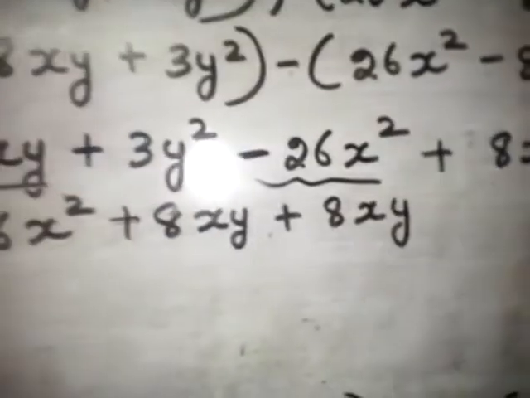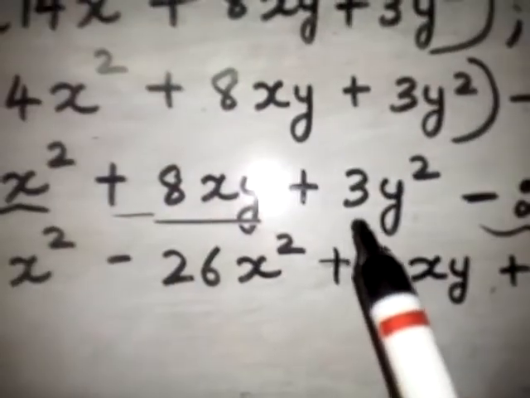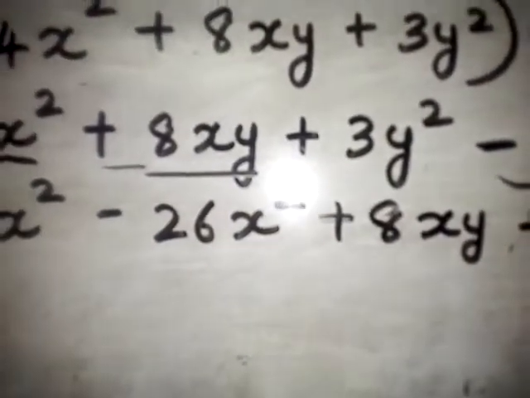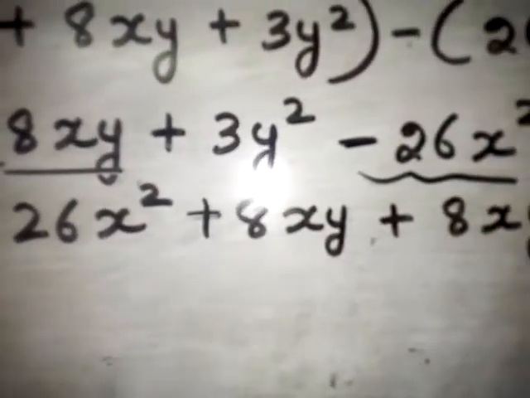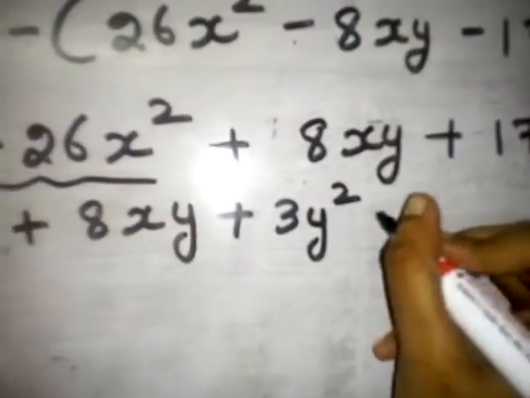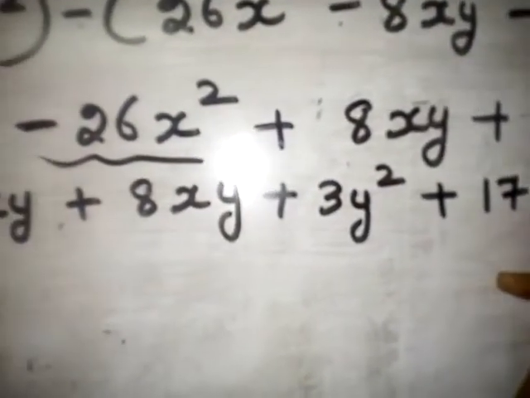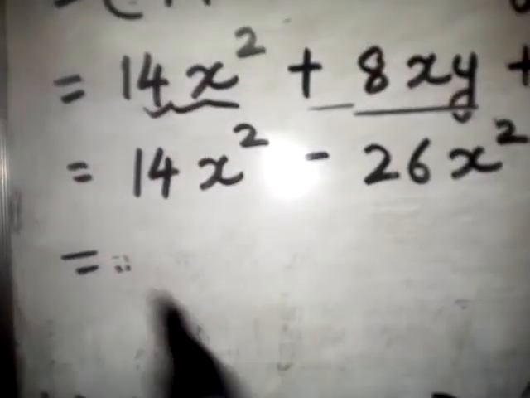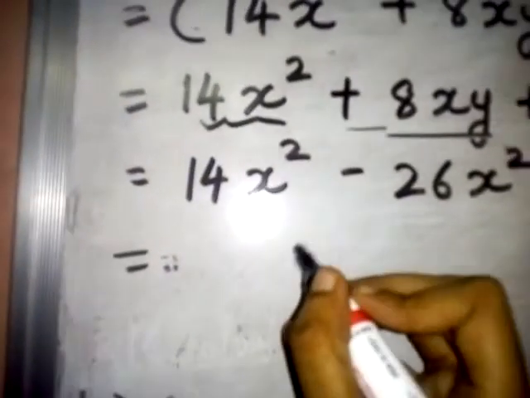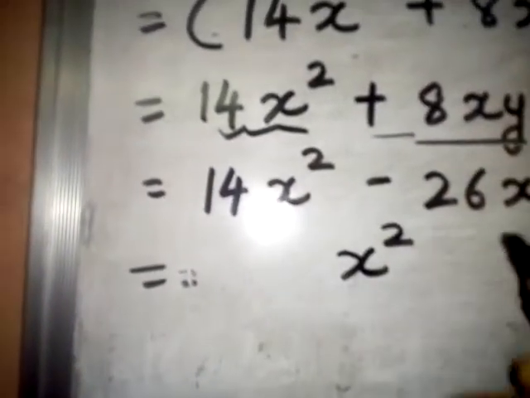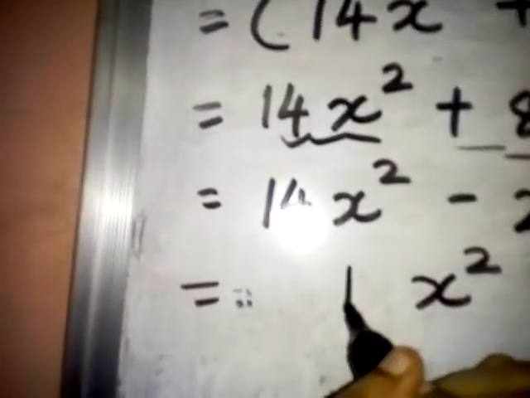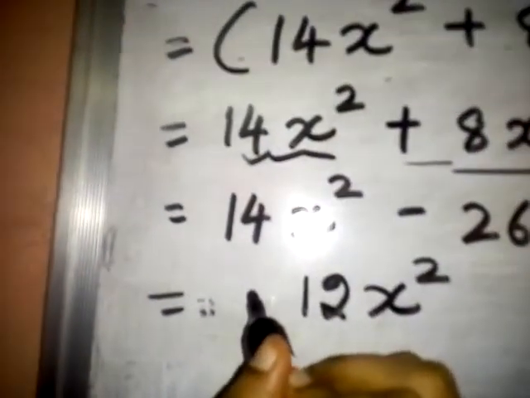Plus 8xy. Now look at the other number with the other variable. Plus 3y square, the other number with variable y square, plus 17y square. Variables which are the same, write as they are. Put the greater number's sign. 26 minus 14, the answer is 12. Greater number with sign minus.